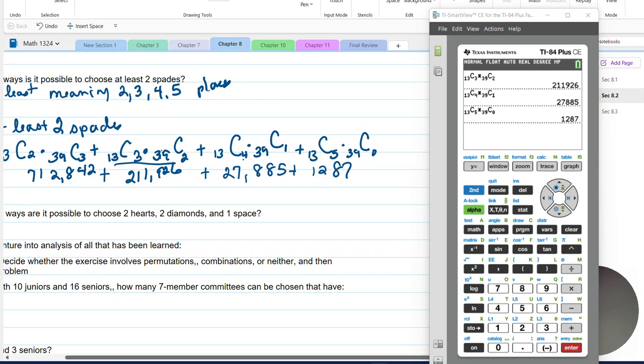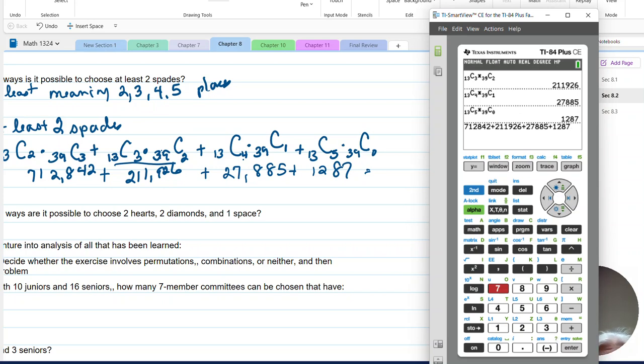All right, so these are the values I want to add up to get all of the at least. 712,842 plus 211,926 plus, being careful, big numbers, 27,885 plus 1287.